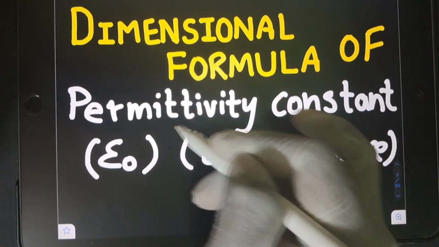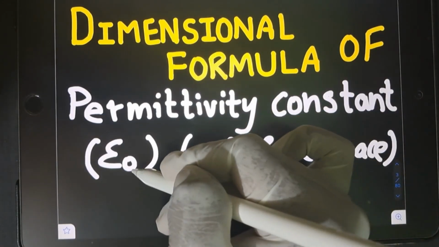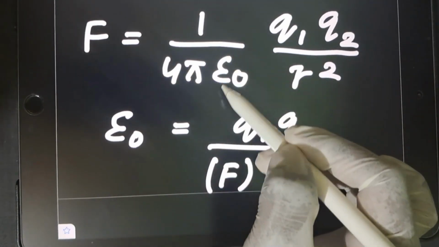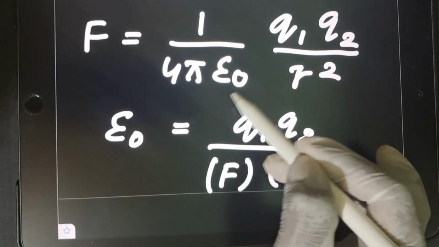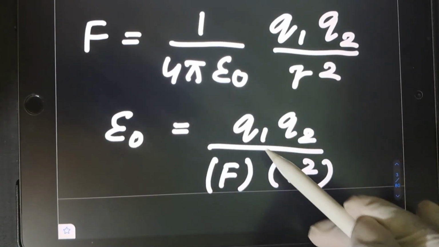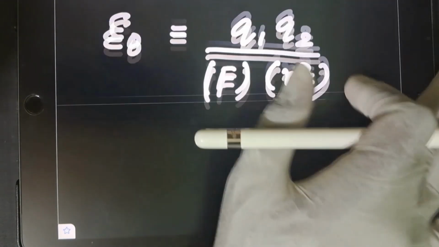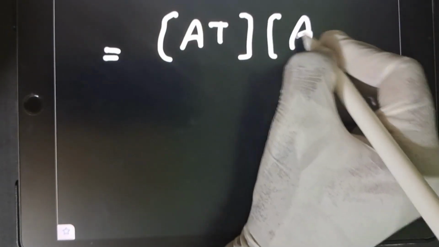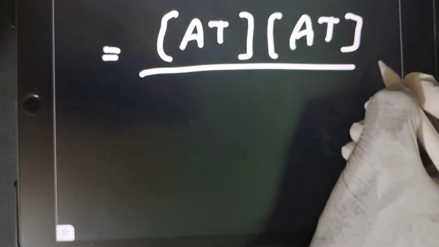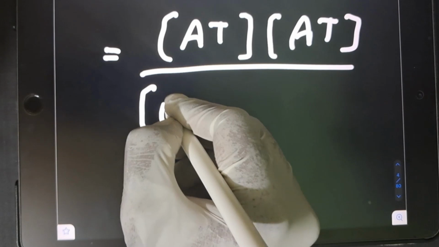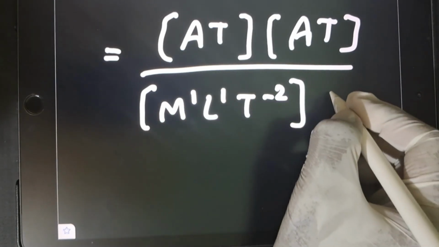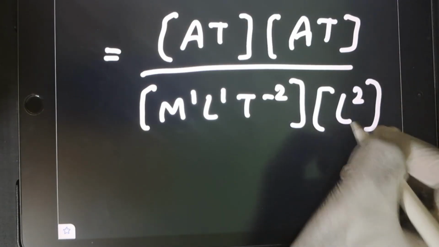To find the dimensional formula of the permittivity constant of free space epsilon naught, F is equal to 1 by 4 pi epsilon naught, Q1 Q2 by R square, where epsilon naught is equal to Q1 Q2 by F into R square. Here Q represents charge. Charge means current into time, so AT for Q1 Q2, divided by force, M power 1, L power 1, T power minus 2, into distance R square, so L square.